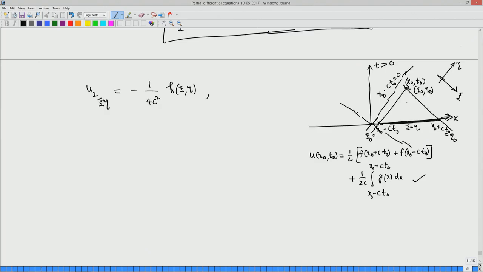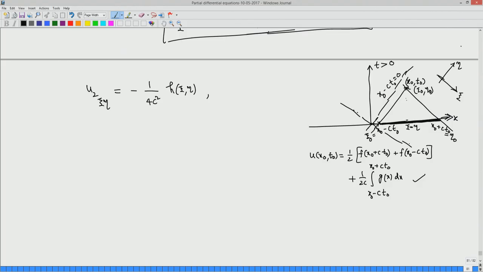For any point inside, you need the data at most here, because you get every solution within this based on this.